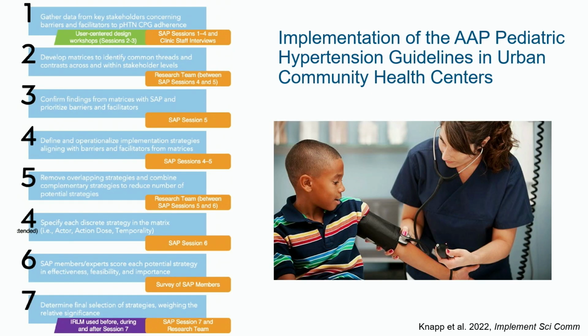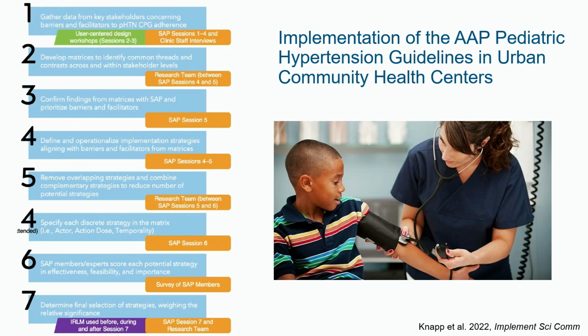So here's what the actual process looks like. I'm not going to go into detail on this just because of time. But essentially, it's pretty similar to what you might do for any implementation project planning, right? So the first thing is really gathering data from all your stakeholders, using user-centered design to understand barriers and facilitators to implementation of whatever evidence-based thing you're trying to do.